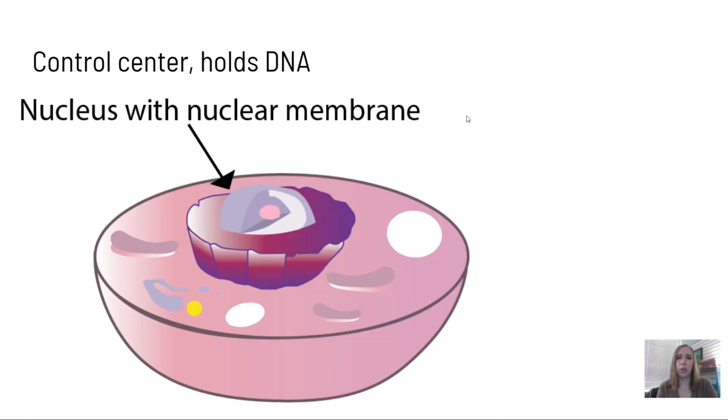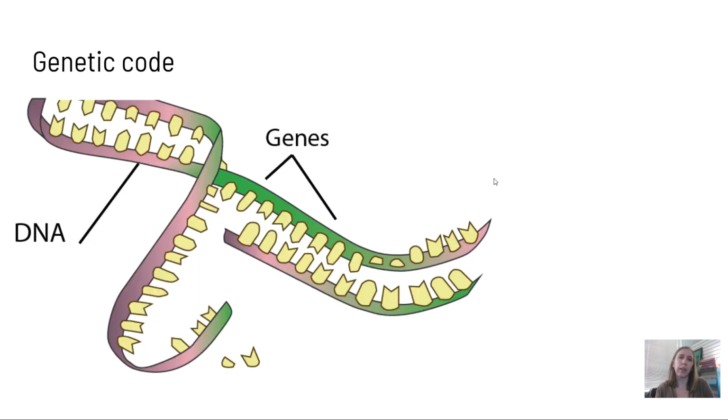The nucleus with a nuclear membrane is found in the center. This is an example in an animal cell, and it is the control center and it holds DNA. In a prokaryote that does not have a nucleus, it would still have genetic code found in the DNA, which contains genes, and that would be floating around in the cytoplasm.